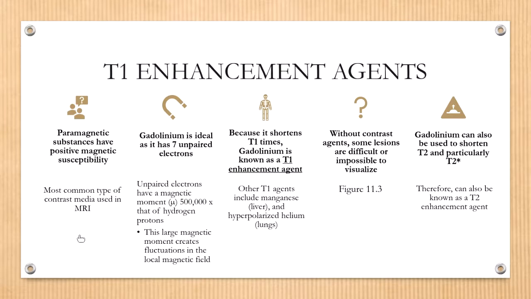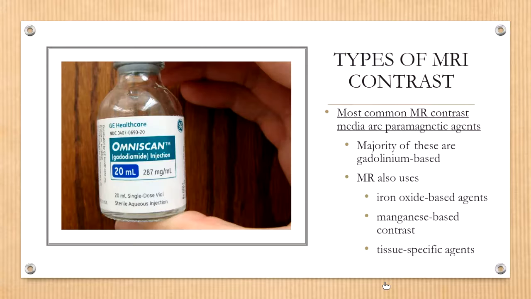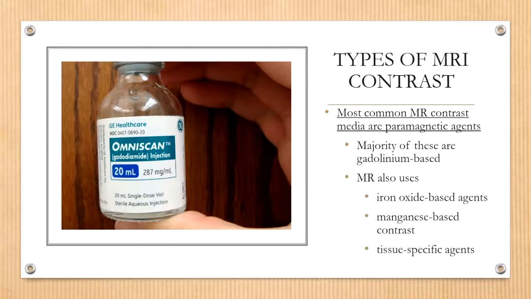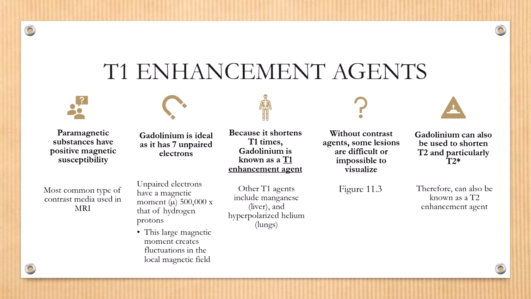used. Gadolinium, like I said, is the most commonly used paramagnetic substance, and that is because it has 7 unpaired electrons. In this slide I mentioned that gadolinium has a large magnetic moment, and this is where we discussed that a little bit on this slide that I'm on right now. So gadolinium has a large magnetic moment because it has 7 unpaired electrons.